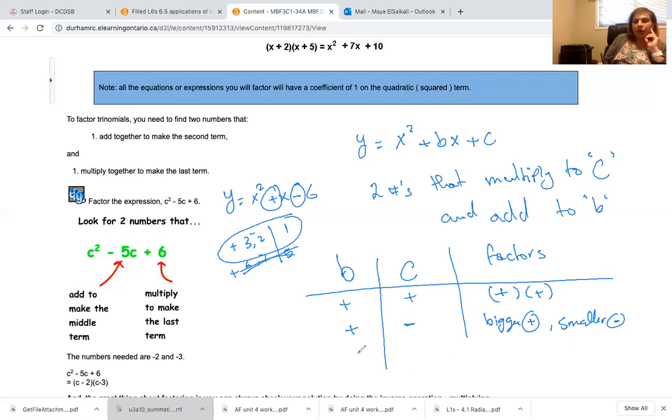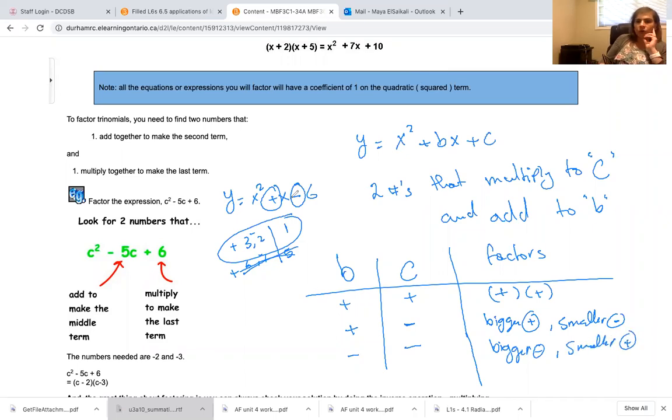Okay? Now, if b is negative and c is negative, then let's start with the bigger. The bigger number in this case is going to be negative, and the smaller is positive.